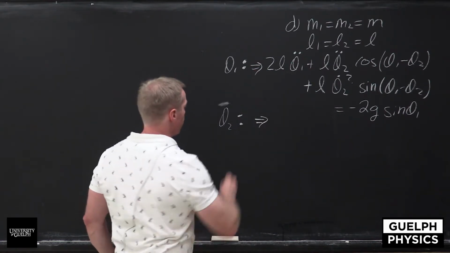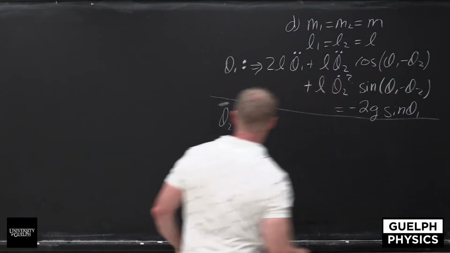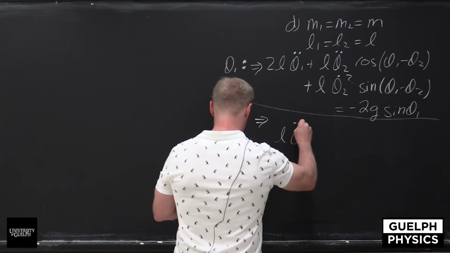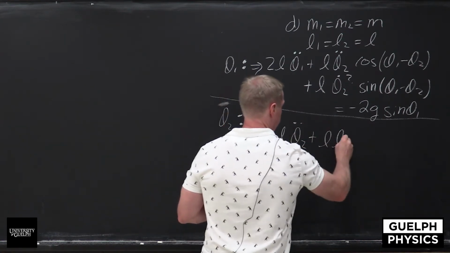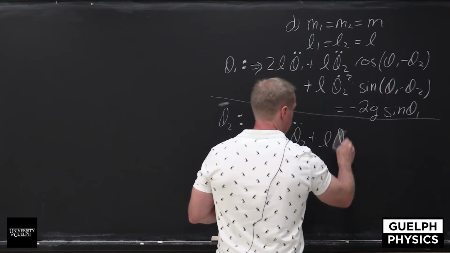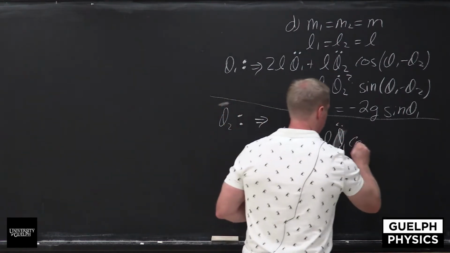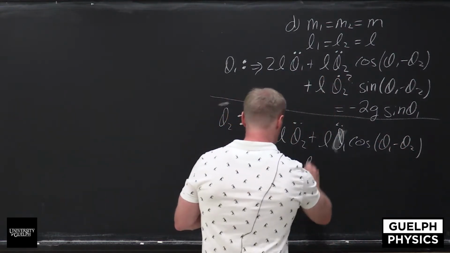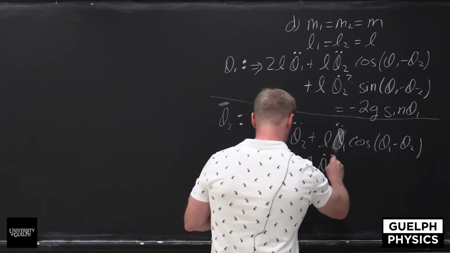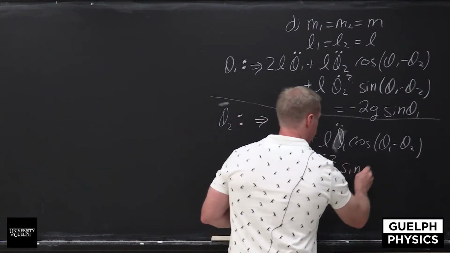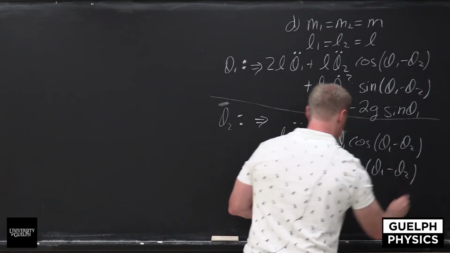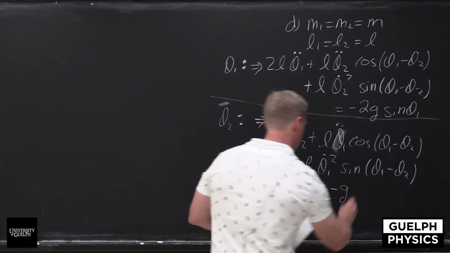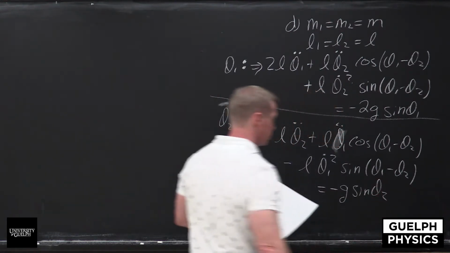And then the second equation, for theta 2, we have an L theta 2 double dot plus an L theta 1 double dot cosine of the difference, minus an L theta 1 dot squared sine of the difference, and that equals minus g sine theta 2.